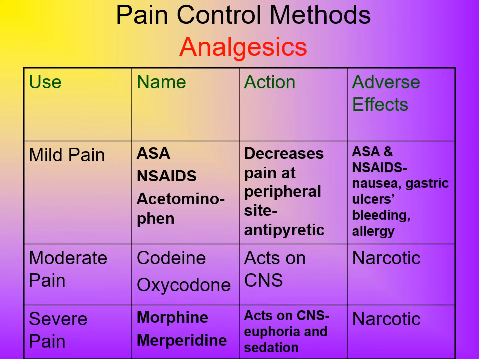These are pain control methods for managing pain. So this table looks at mild pain, moderate pain, and severe pain, looking at some of the commonly used substances, what they act on, and some of the adverse effects. So you can look that over.